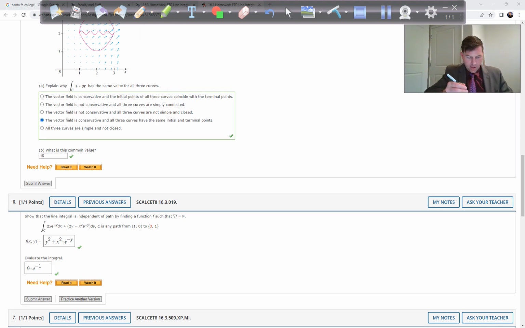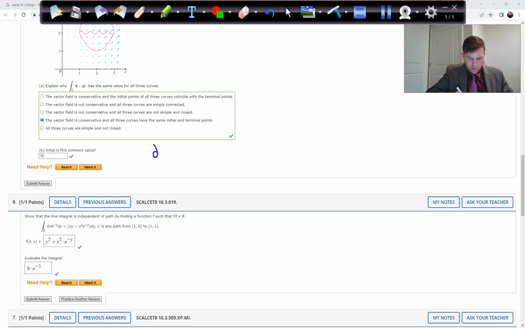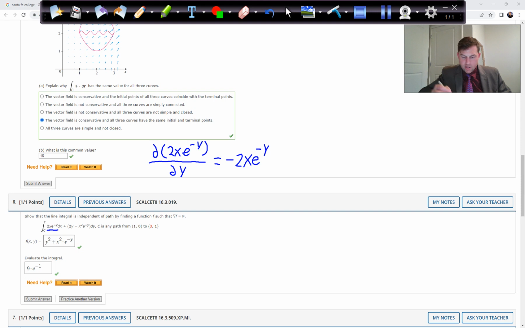We're going to have the partial of, let's see here, the x term is 2x e to the minus y, with respect to y, would equal minus 2x e to the minus y. So the partial derivative of e to the minus y, you just bring the minus down and then you keep it the same.